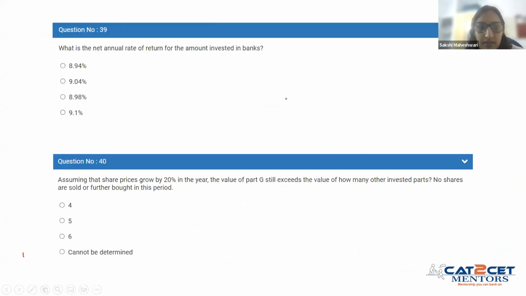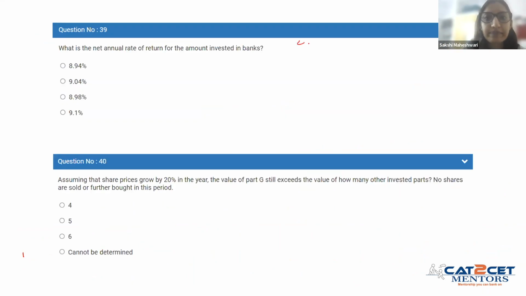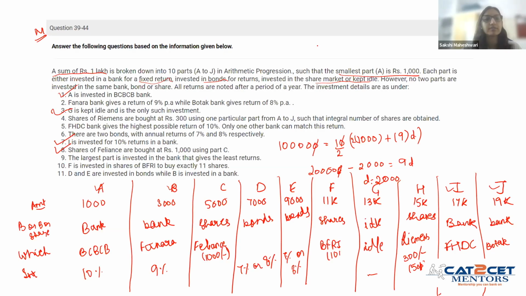Okay. So net annual rate of return for the amount invested in banks. So total amount invested in banks is 1,000, 3,000, 17K and 19K. So that is 17K, 3K, 20K and this another 20K. So total amount invested is 40K. And annual rate of return is 1,000 pay. We have 10%.